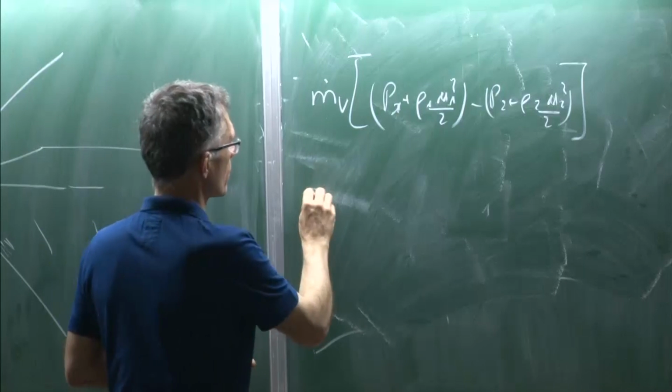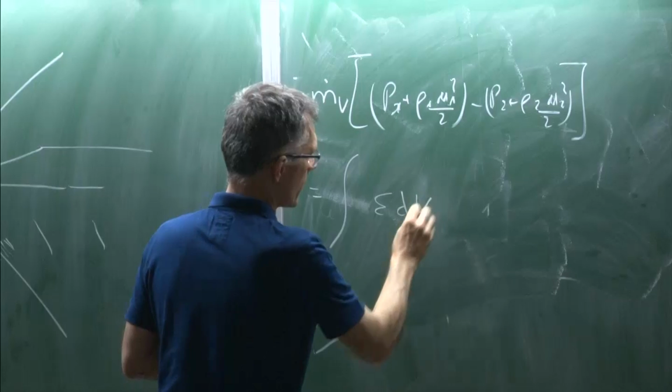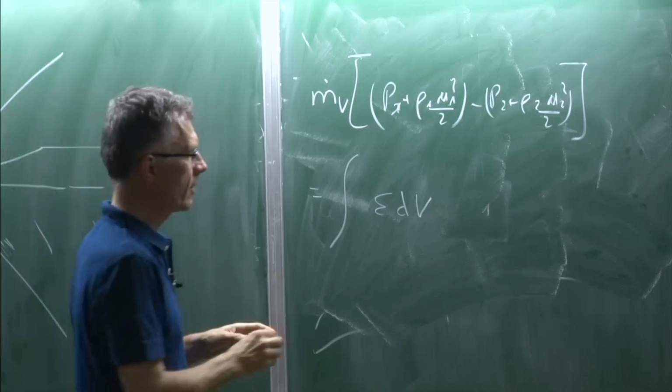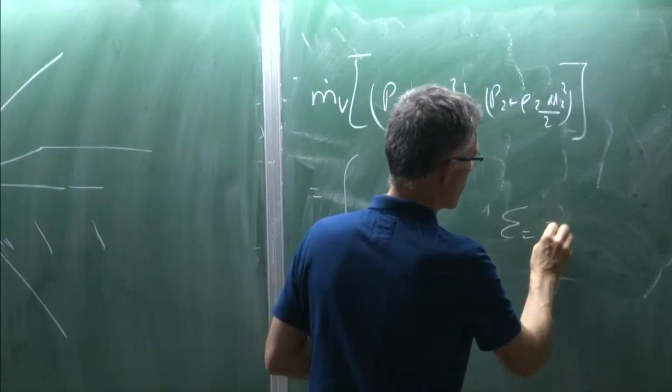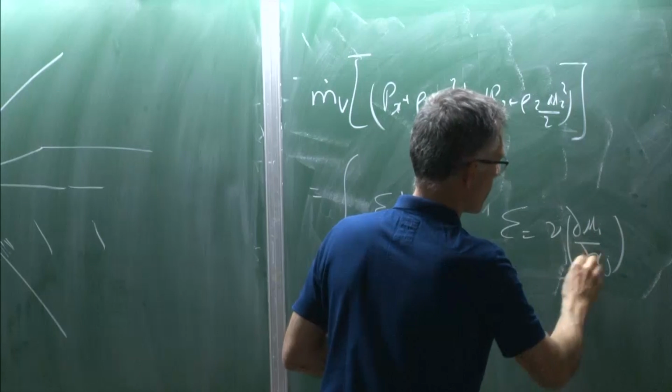This thing is equal to the integral of epsilon dV. That's the first term. There are other terms, but the main term is this one, where epsilon is the dissipation. It's nu times dui/dxj squared.